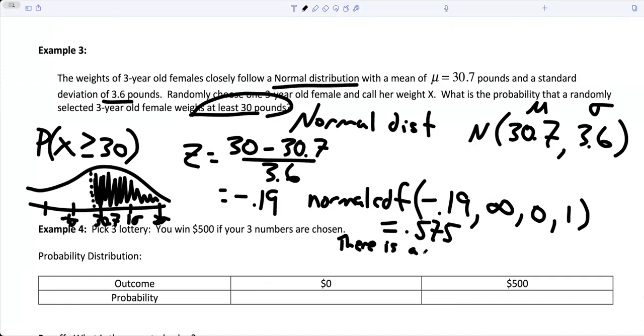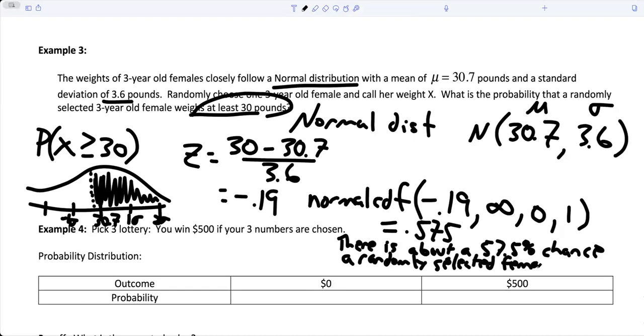There is about a 57.5% chance a randomly selected female is at least 30 pounds. And I ran out of room there.